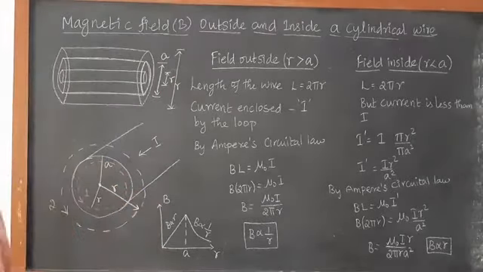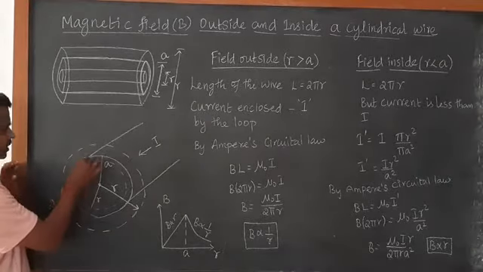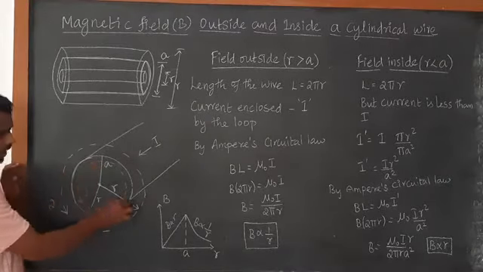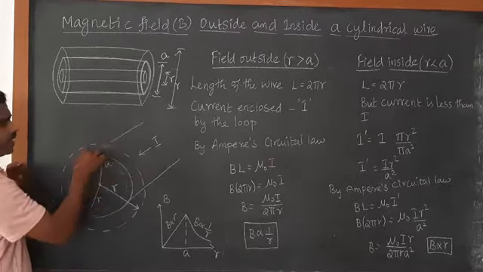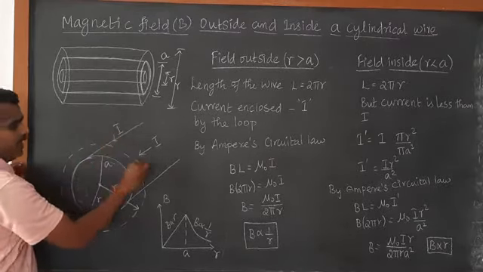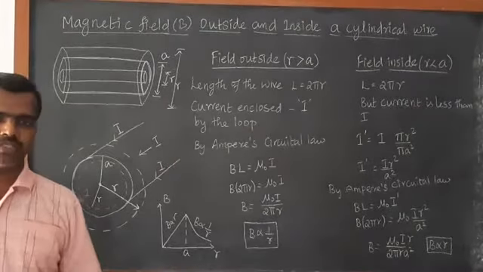Don't confuse yourself. This is the diagram I have. This is the wire which has radius a, and the current I is passing through it. The current is uniform throughout this wire.